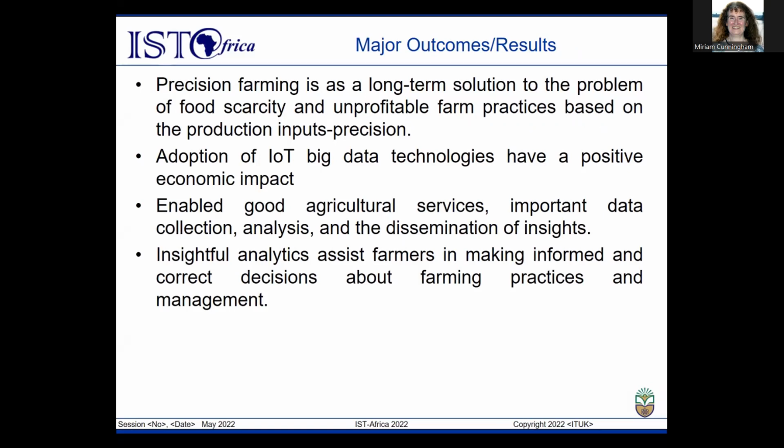Also, adoption of IoT and big data technologies can have a positive economic impact by making it easier to provide good agricultural practices or services, collect important data, analyze it, and disseminate insights that help farmers make informed and correct decisions about farming practices and management.